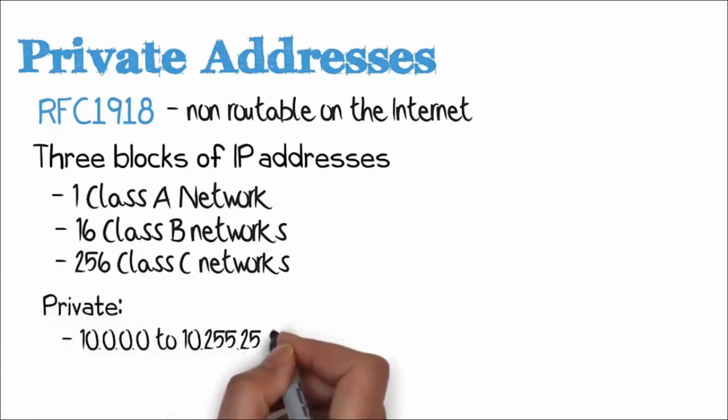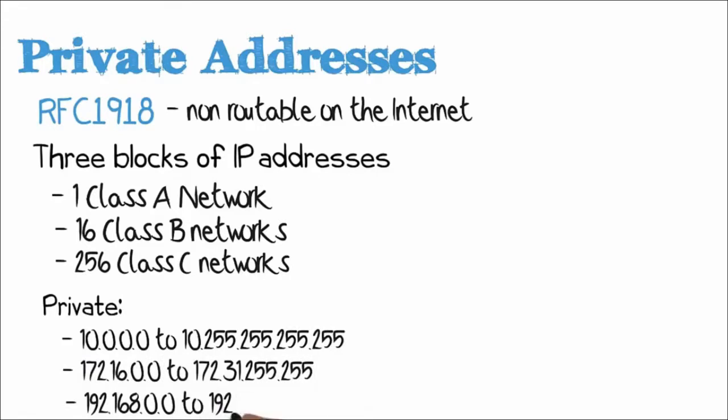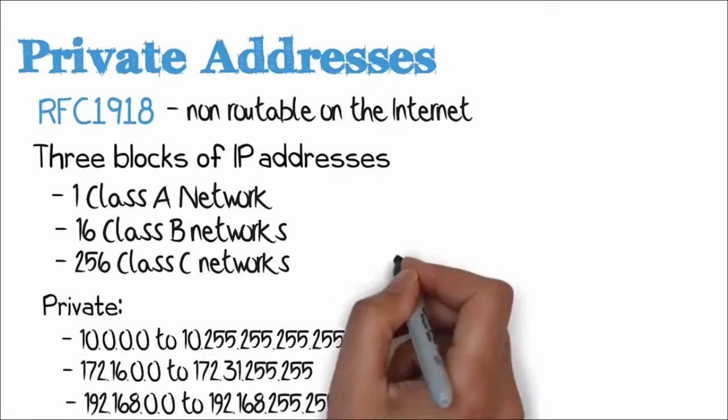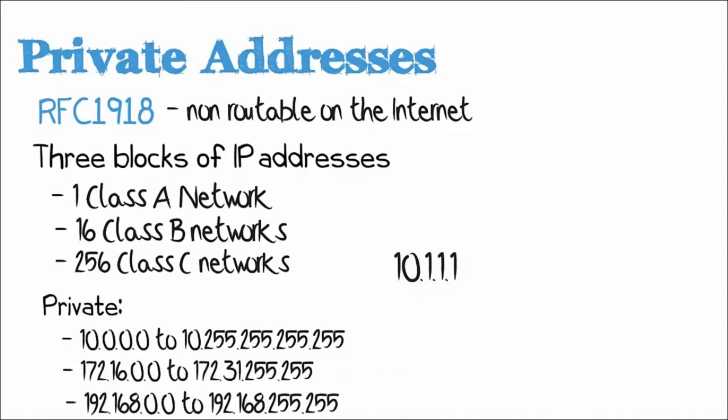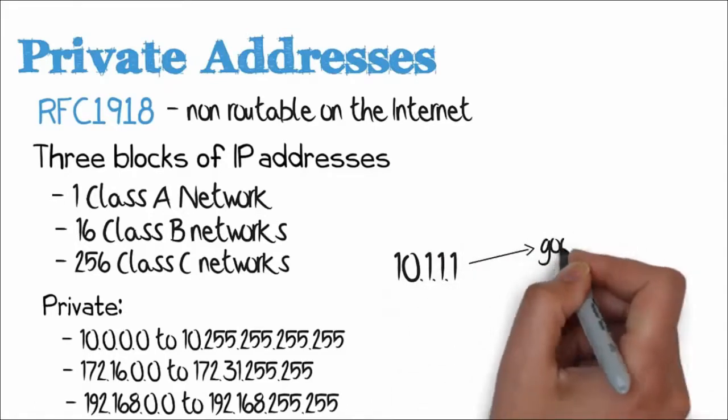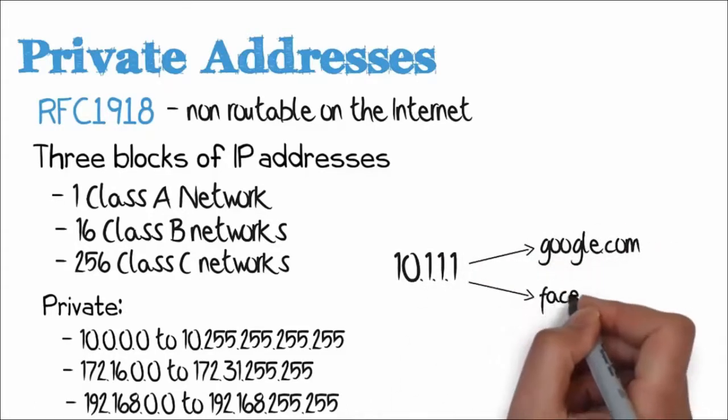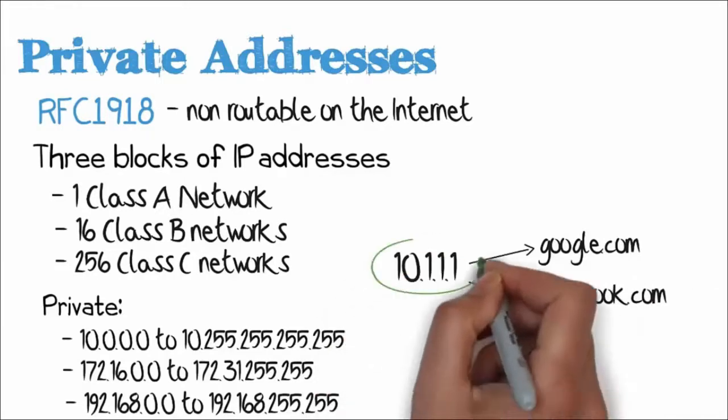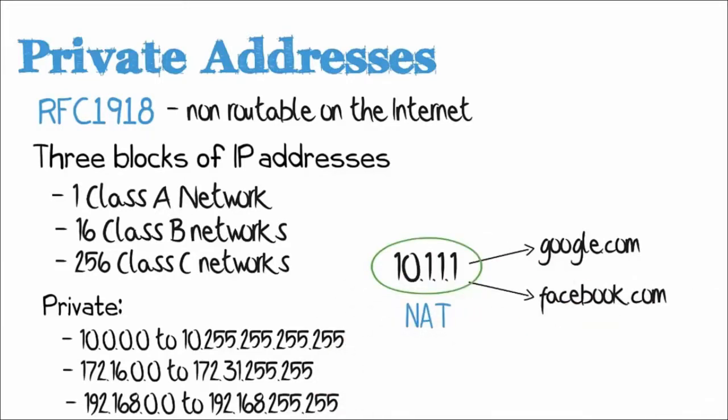Here are the range of addresses once again, and remember, when you are sending traffic internally from an IP address such as 10.1.1.1 to a website such as google.com or facebook.com, your IP address has to be NATed, or network address translated, to a public IP address such as 15.1.1.1.